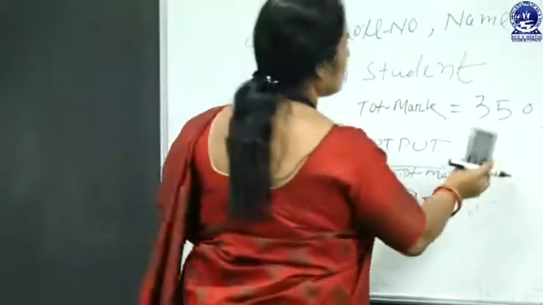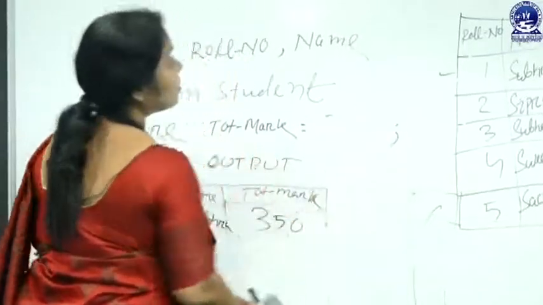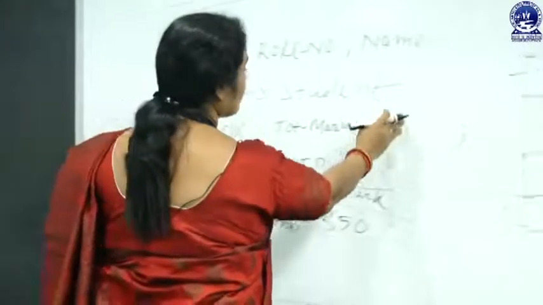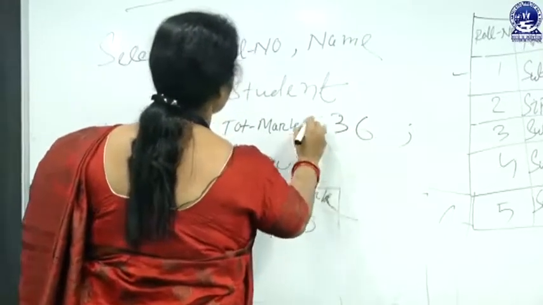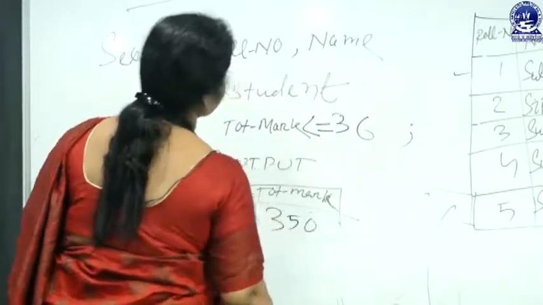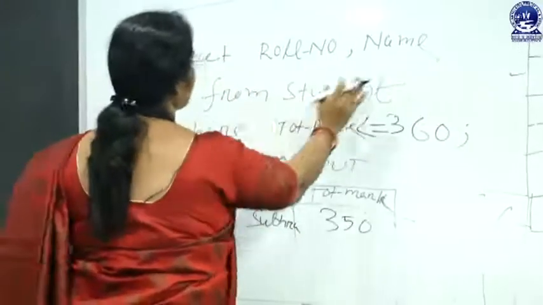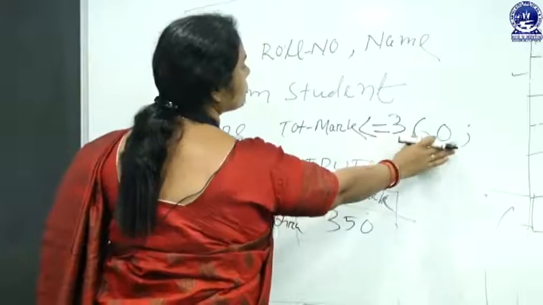Suppose I want to display the names of the students whose total mark is less than or equal to 360. For that we have to give this: select roll number, name from student where total mark less than equal to 360.